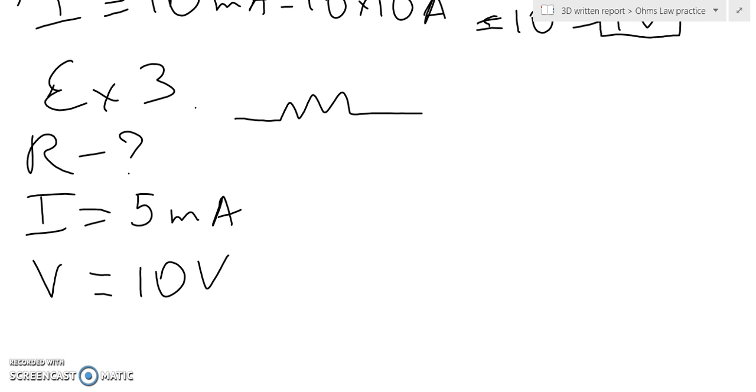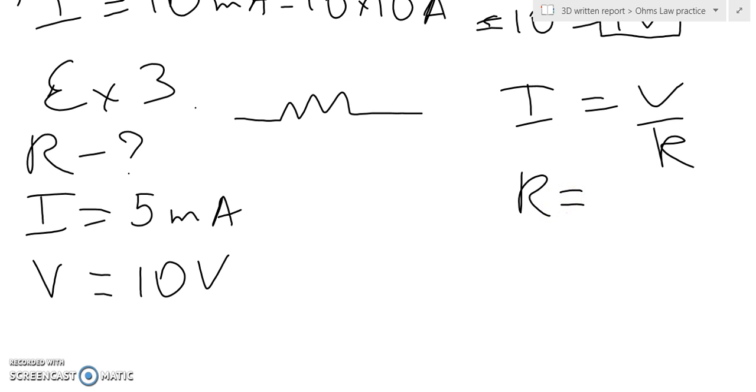So once again, it's a straightforward application of the formula. My formula was I equals V over R. If you solve this problem for R, you're going to find that R is V over I. Very, very simple. But before I can plug in anything, I need to make sure that all of my numbers are in engineering notation and not in SI notation.